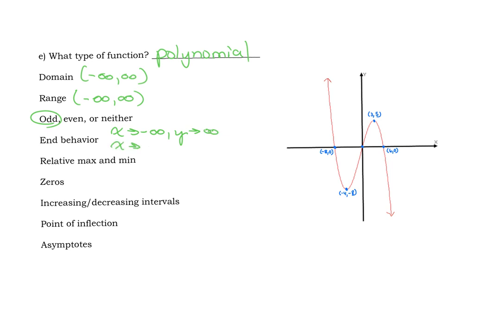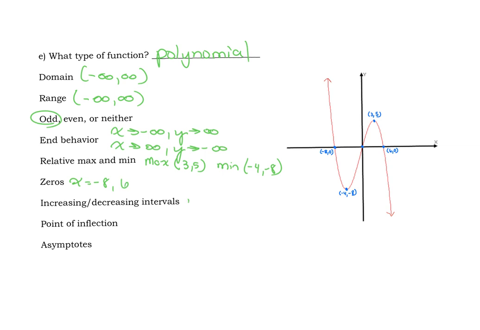As x approaches infinity, y is approaching negative infinity. They have a relative max and min: my max is at (3, 5), and my min is at (-4, -8). The zeros are when x equals negative 8 and 6.